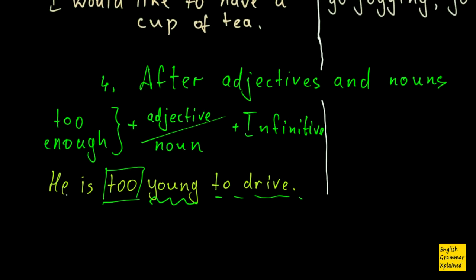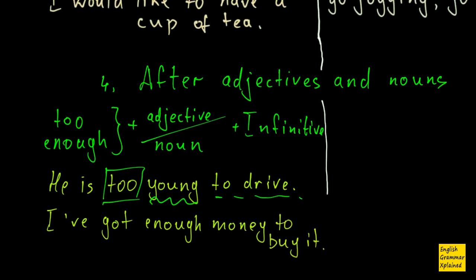Or let's take another example: I've got enough money to buy it. So, what do I have here? I have "enough", and then I have a noun, and then here is my infinitive.